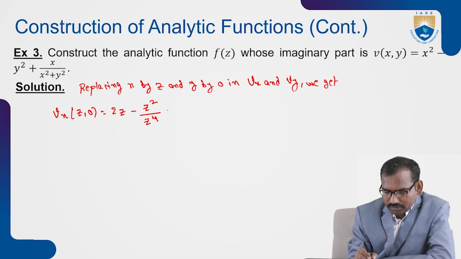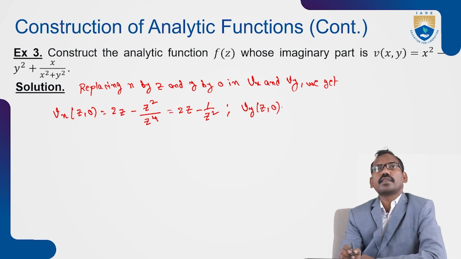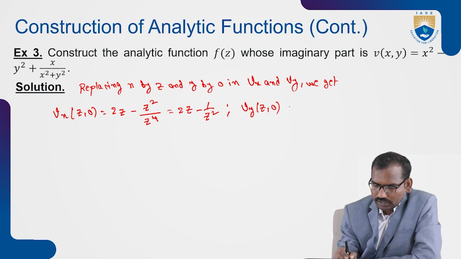So simplification will give you 2z minus, how much can you get? 1 upon z square. Okay, next we are going to calculate v sub y of z comma 0.